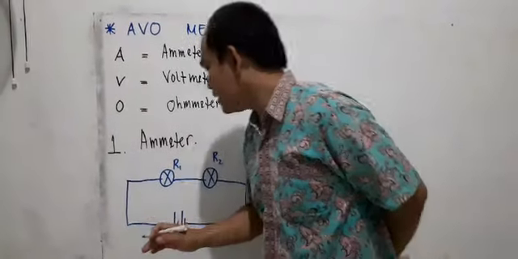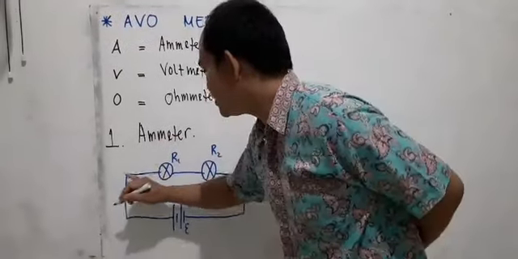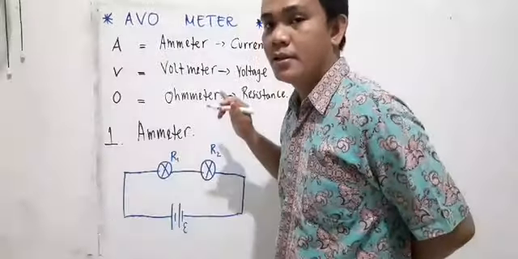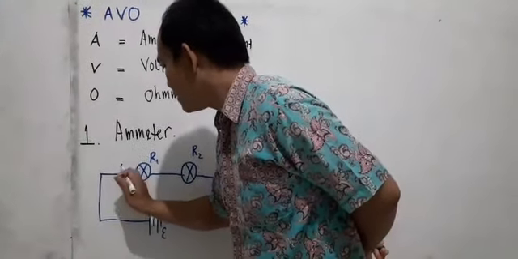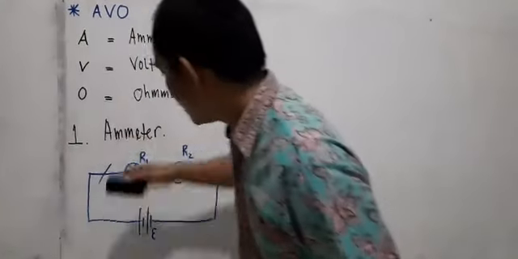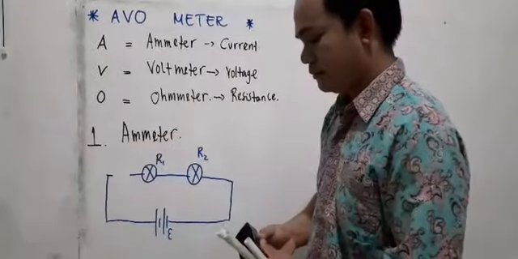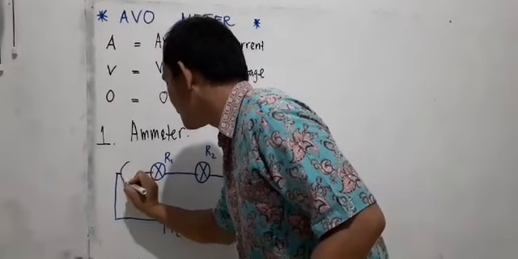The first is we must connect the ammeter in series to the light bulb. In series. So this must be cut, and then we insert the ammeter in here.